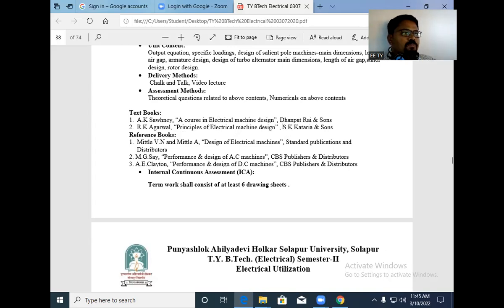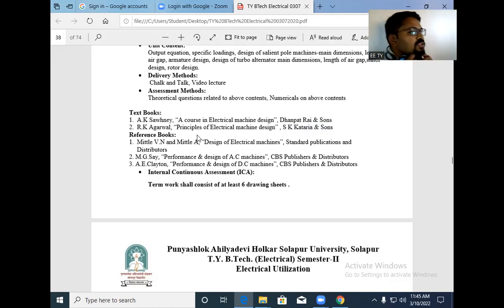After that, write down the publication name: S.K. Kataria and Sons. And after that, write down the name of the author: R.K. Agarwal.